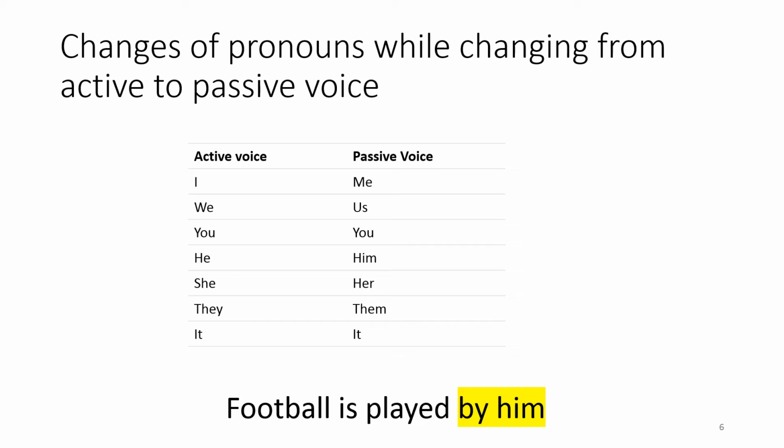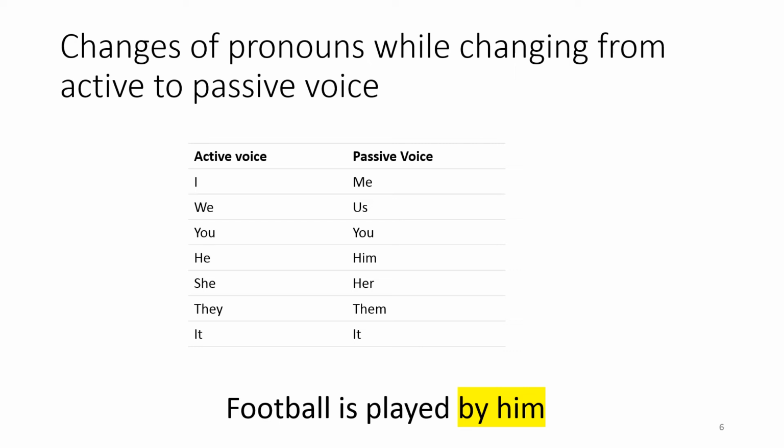Again, this is no rule, we'll have to just follow the syntax. Whichever subject is in the active voice, that is what it will be in the passive voice. It's a thumb rule that you need to follow. In our case, he plays football, the passive form is football is played by him. If you see my chart, he was there, him is there. So he has been replaced by him.